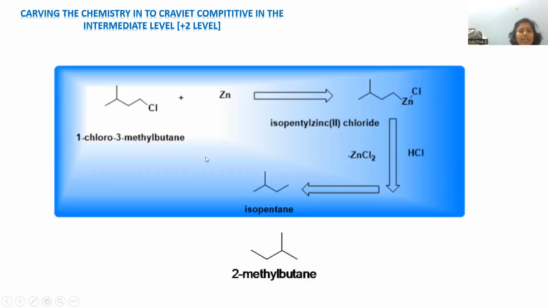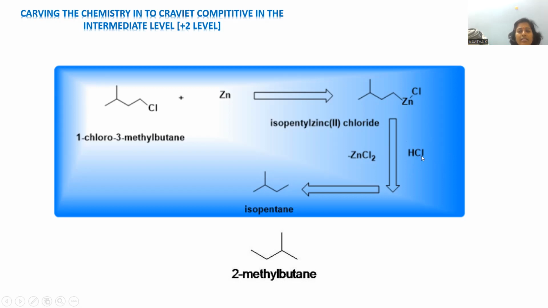Let's see what the mechanism will be. The compound 1-chloro-3-methyl butane will be the starting material. Upon treating with metallic zinc, zinc will be inserted between carbon and chlorine to give the organometallic compound, an alkyl zinc chloride. This organometallic compound further reacts with dilute hydrochloric acid. This is another reagent we are adding.